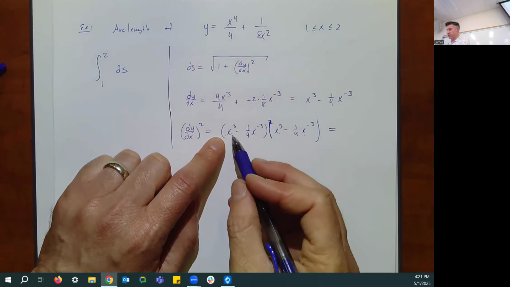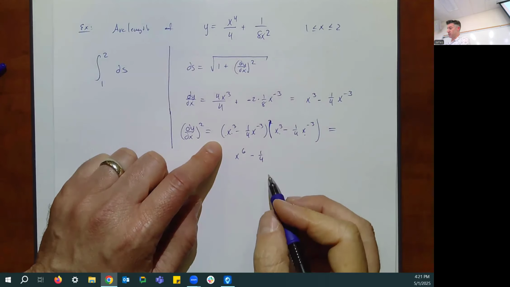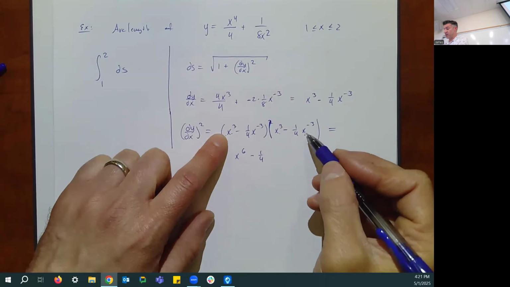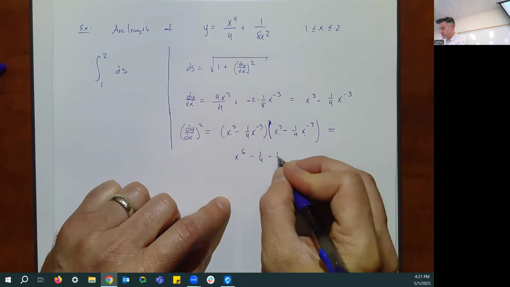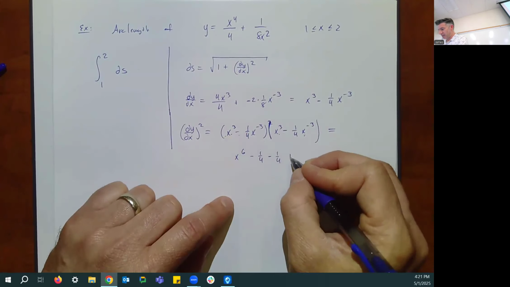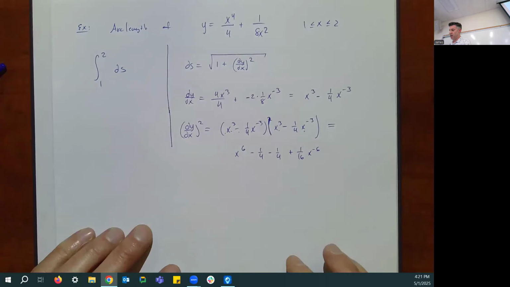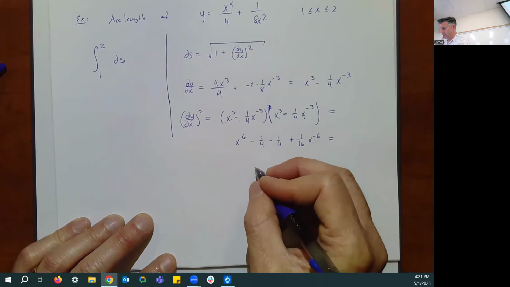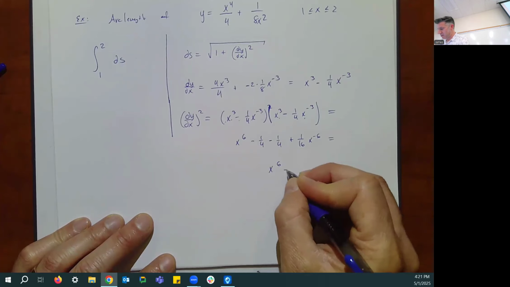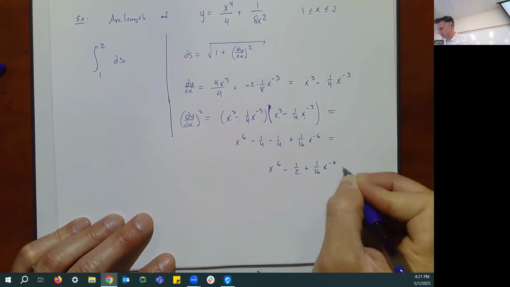So we get a 1 times the negative 1/4, so just a negative 1/4. But we get that twice, from these two multiplied together and from these two multiplied together. And finally, the last term is negative 1/4 times negative 1/4, so it's positive 1/16 times x to the negative 6. Simplifying one more step, it's x to the sixth minus 1/2 plus 1/16 x to the negative sixth.